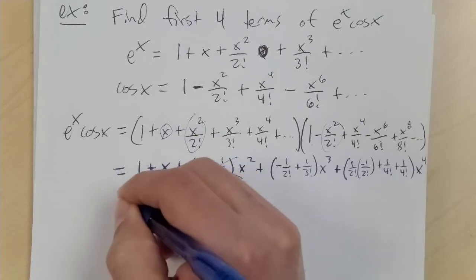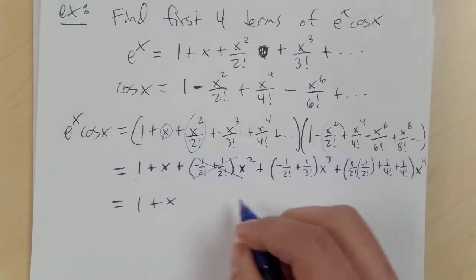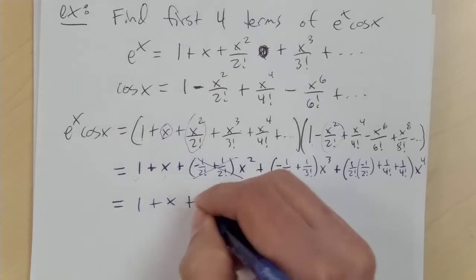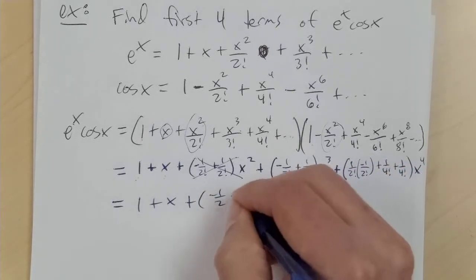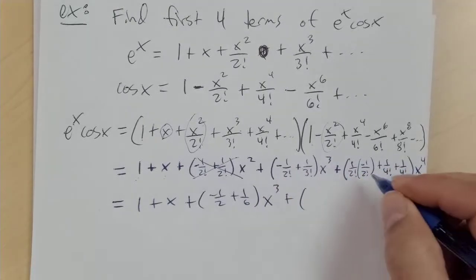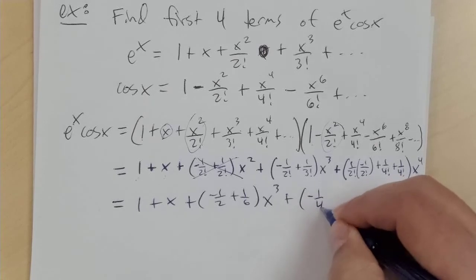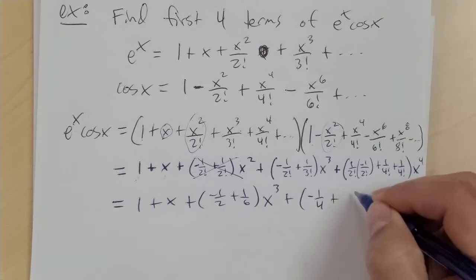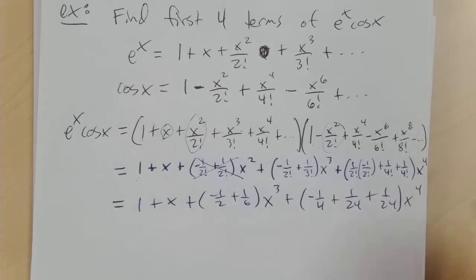And so if we simplify everything, I get 1 plus x. This is really negative 1/2. 3 factorial is really 6. And now, what's this going to be? So half times negative 1/2 is negative 1/4. And then we have plus 1 over 4 factorial, that's 1 over 24, 2 of those, times x to the 4.